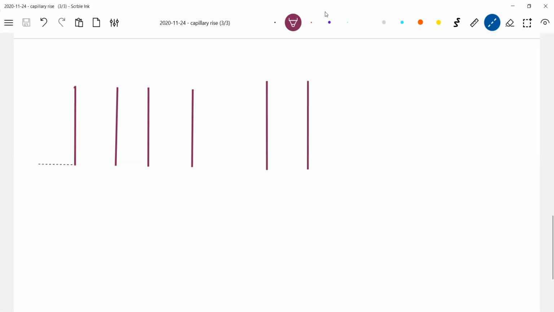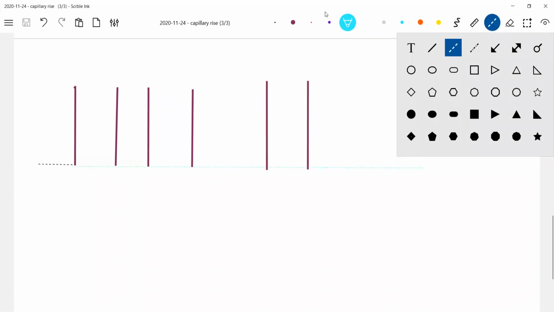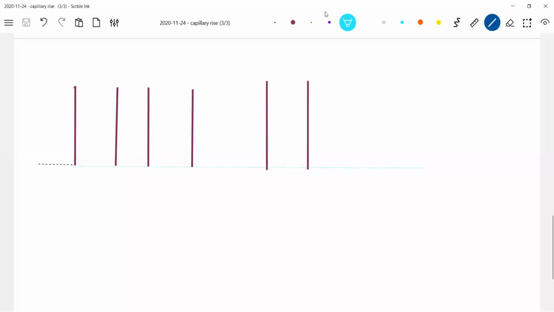Let me draw the horizontal line first. Free surface of liquid it is. I'm giving good diagrams because they are very, very important. Students often get confused.